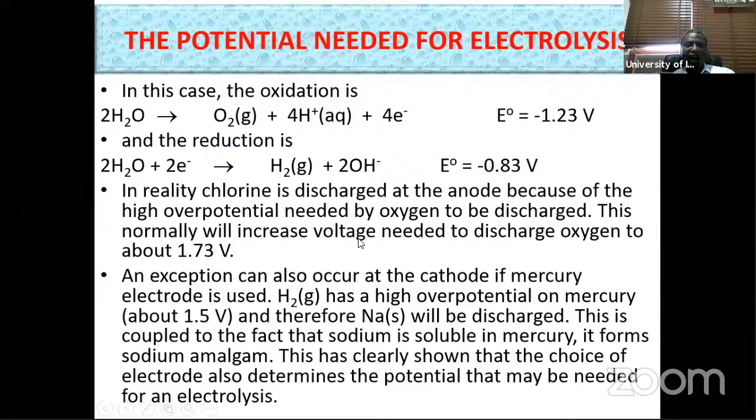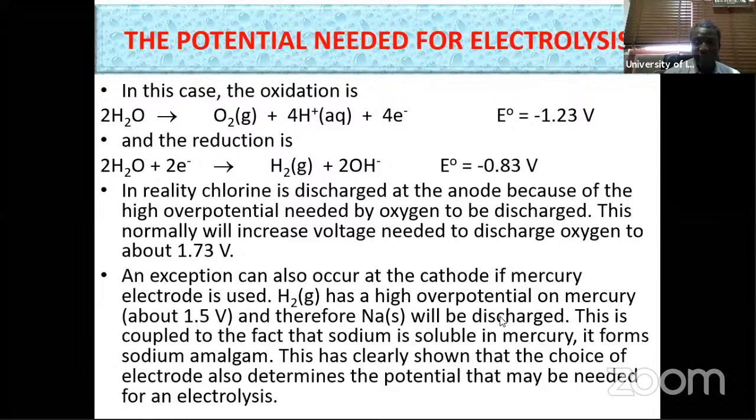So now an exception can also occur at the cathode if you use mercury electrode. If you use mercury electrode, then hydrogen is also going to have a high overpotential, and in that case 1.5, that means sodium will be discharged if you use mercury.